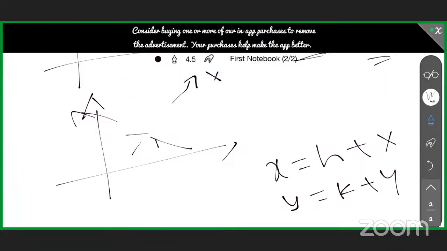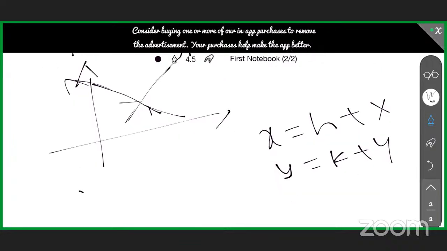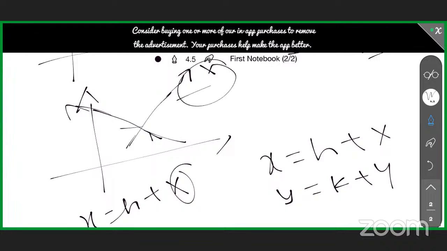If I want to write the transformation equation, that is x plus x, what is this x now? The x is of the rotation of the axis. In rotation of axis, what is my x value? My x value is equal to x cos theta minus y sin theta. Correct now?